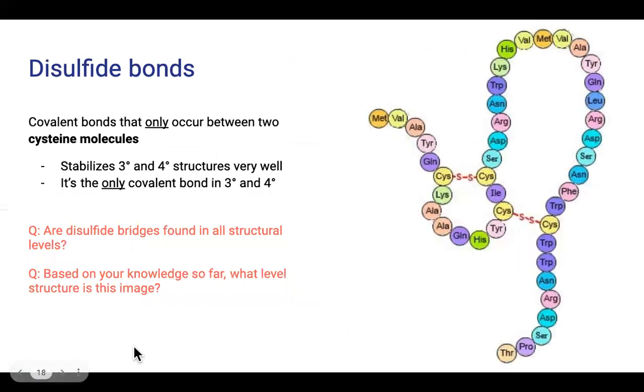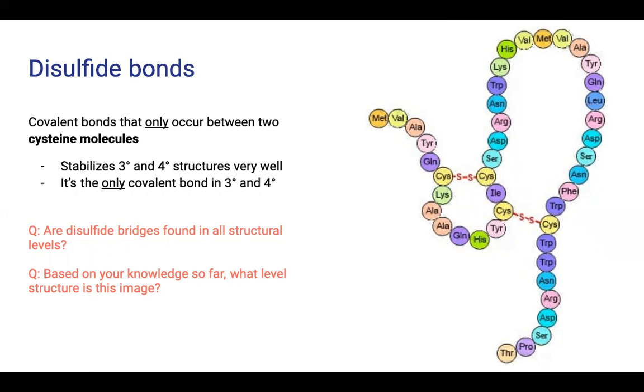Okay, so disulfide bonds. These aren't talked about as often just because they don't happen as often, but are very important to know. These are the only covalent bond that you have to worry about for R group interactions. The only covalent bonds in this class, for the most part, are these disulfide bonds and the peptide bonds in your amino acid chain.